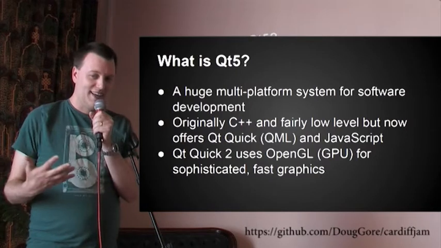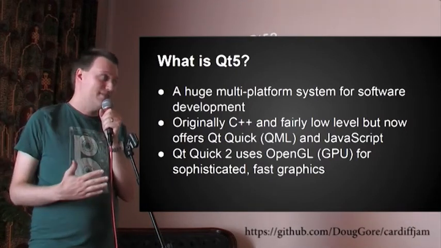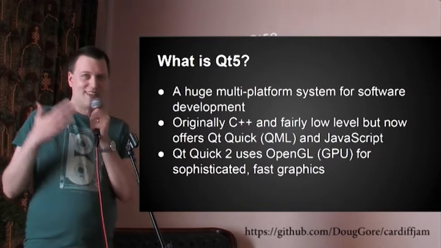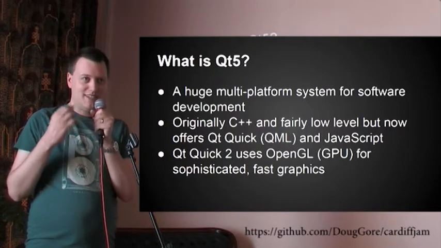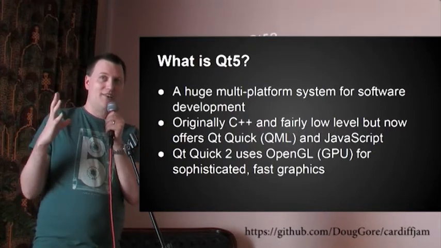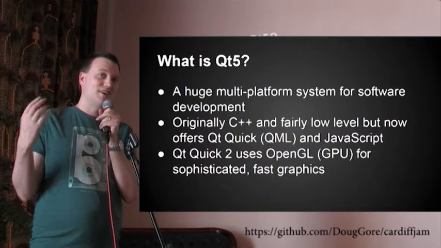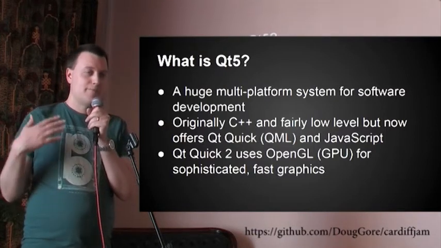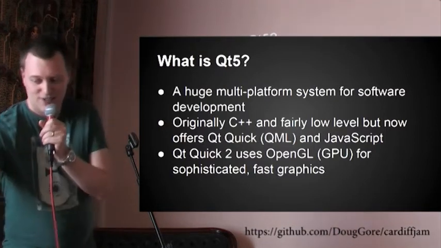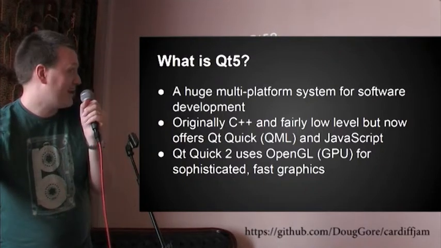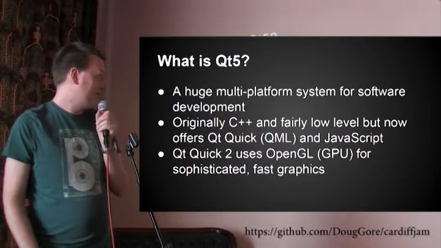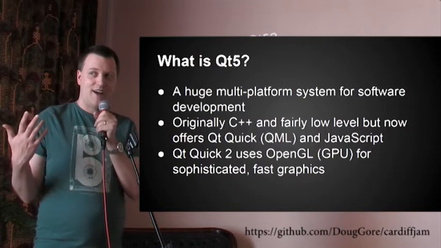It's more the fact that in Qt 5, and at the tail end of 4, they added this ability for you to write these files called QML, which is nice and friendly, and then you can use JavaScript to program. And they designed it in such a way that Qt can take advantage of the GPU, which can give us nice, fast graphics.